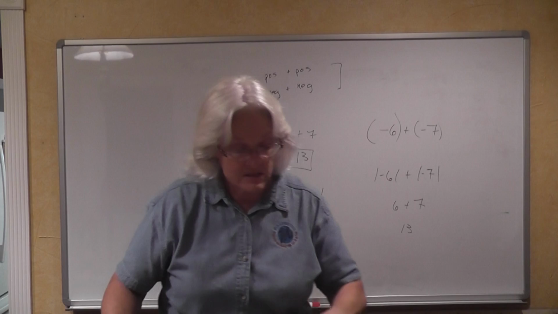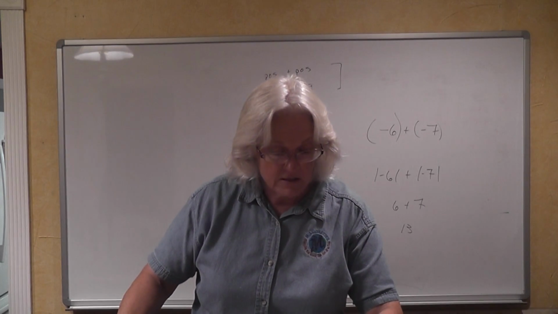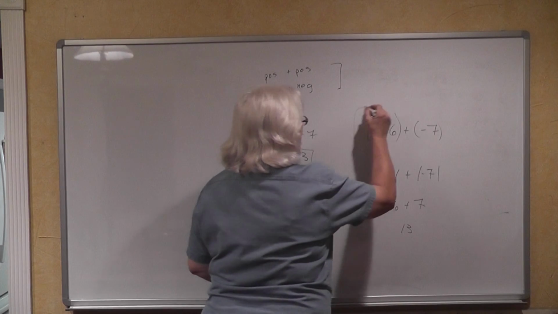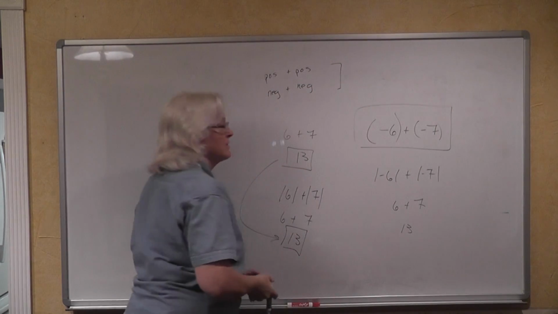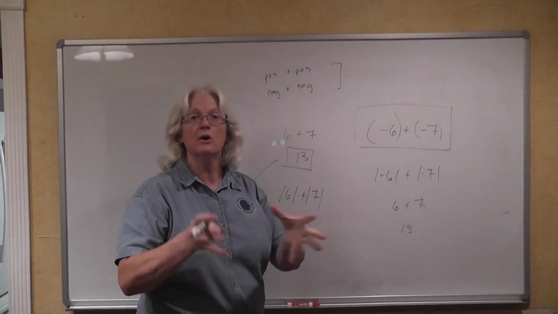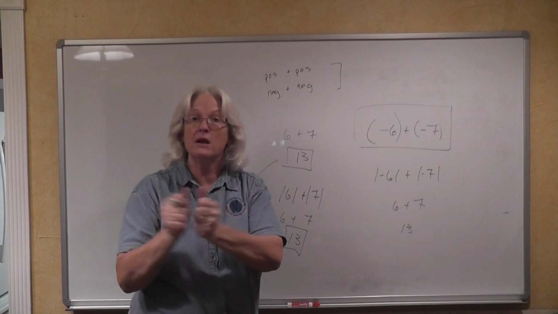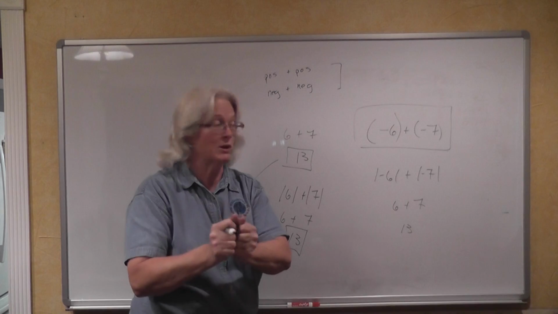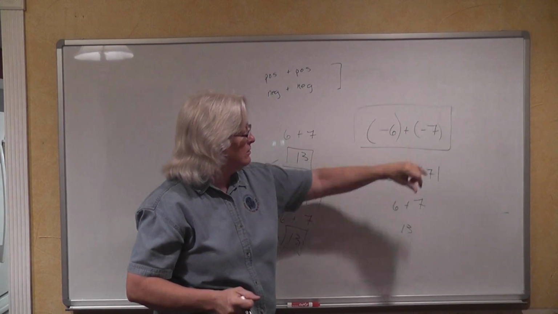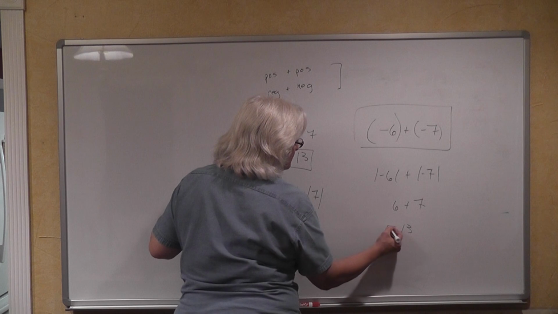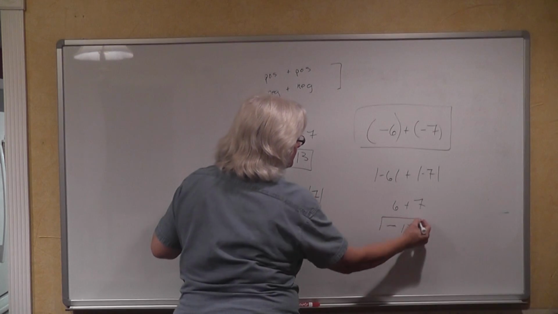And then your book says, write the sign of the addends in the sum. What are we adding together here? The sign of these addends. Remember, addends are the 2 different numbers, 2 different quantities that you're adding together. The signs here are negative, so you use that sign in the sum.